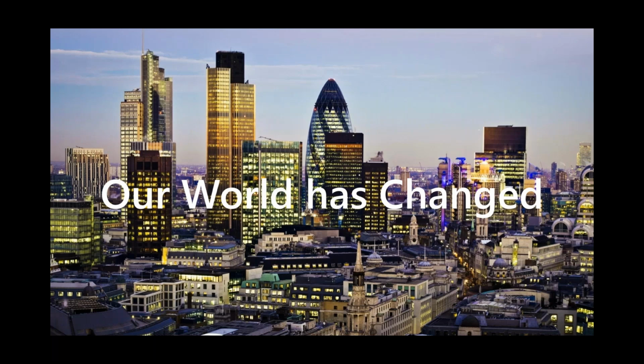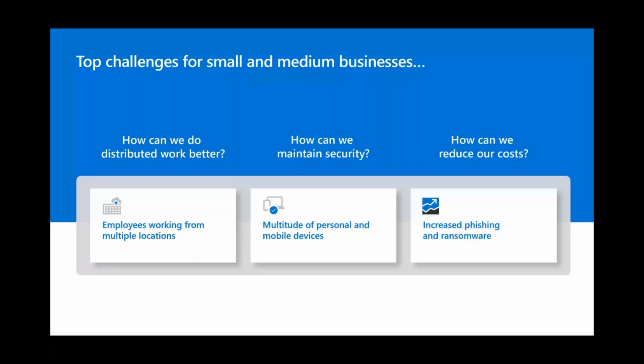So what are some of the key challenges, the top challenges for small and medium-sized businesses? Like I said, employees are working from multiple locations. You might have smaller offices located around different geographical areas, or sometimes people might be working from home. So we need to make sure that we're providing an environment where our employees are able to access corporate information remotely, but in a secure way.